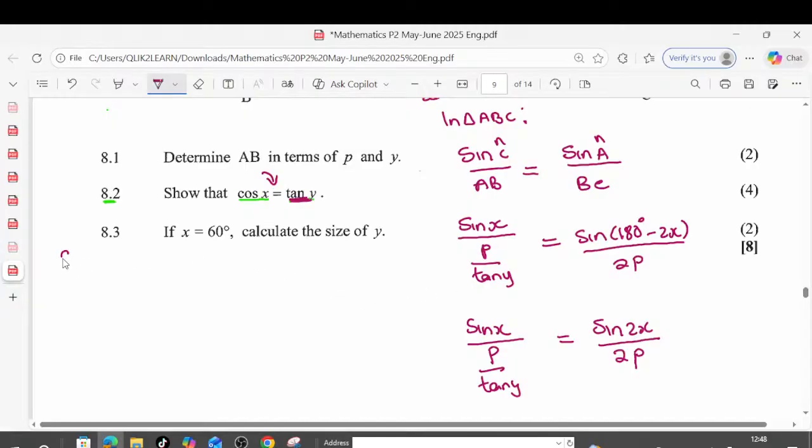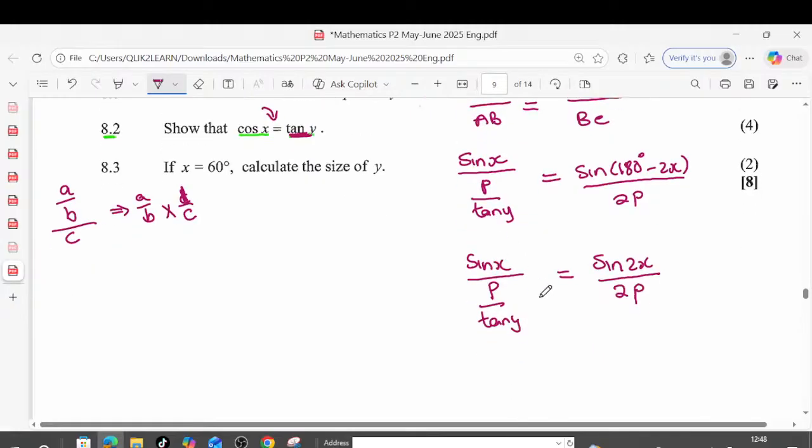Remember, if I have A over B, everything divided by C, I can change this using the fraction and say this is A over B multiplied by the reciprocal of C over 1, which is 1 over C. So what I'm trying to say is that we can change this sine x over P. Remember, the sine x is the one that is over 1.